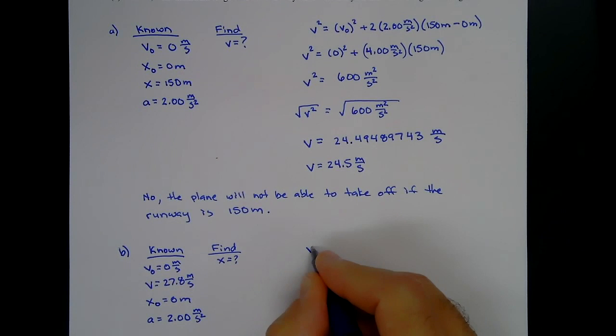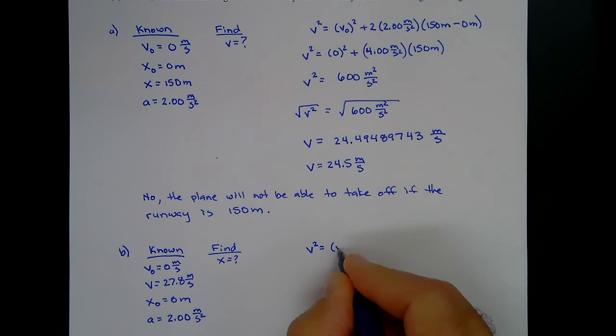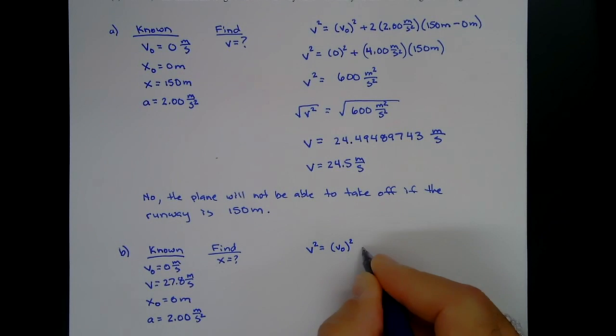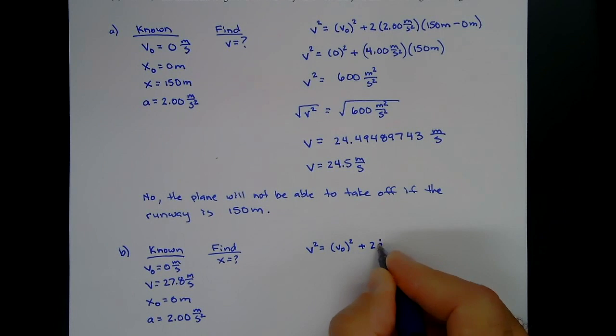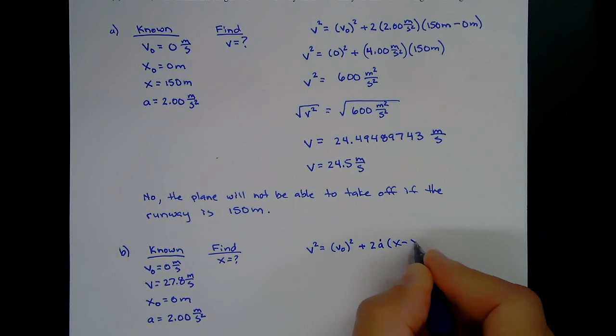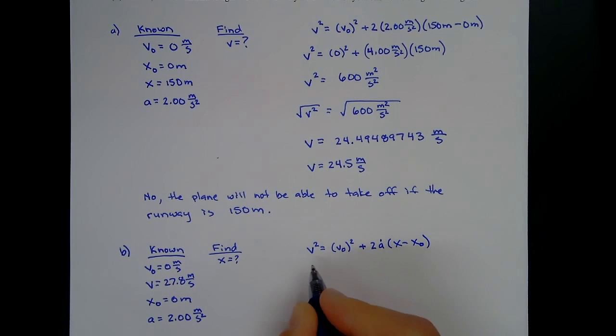So we have v squared is equal to v sub o squared plus 2 times a times x minus x sub o, okay? So putting everything in, this is going to be 27.8 meters per second squared.